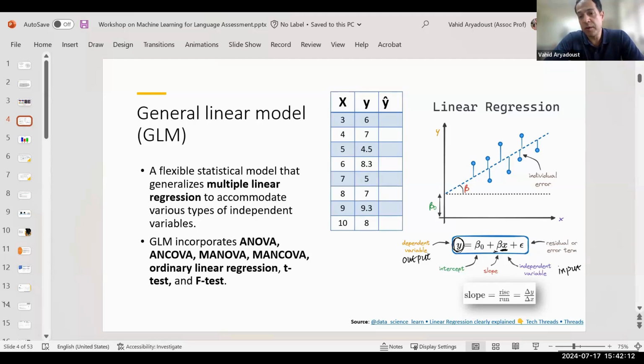It's a slope. If you remember your high school or secondary school math, for example, algebra or calculus, if we have a straight line, we can calculate the amount of slope by dividing rise over run.